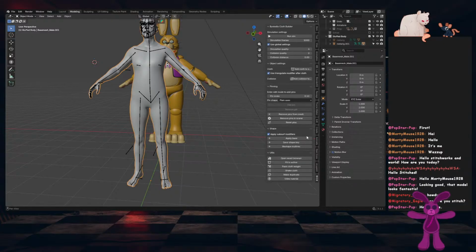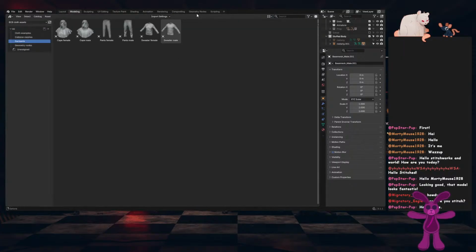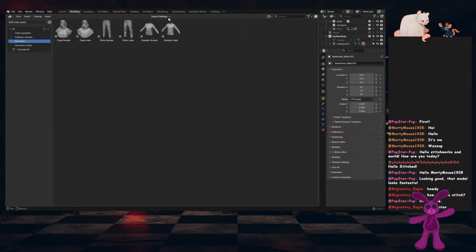Actually, I might, if I'm at collision, fit to active, and then why does it do this?